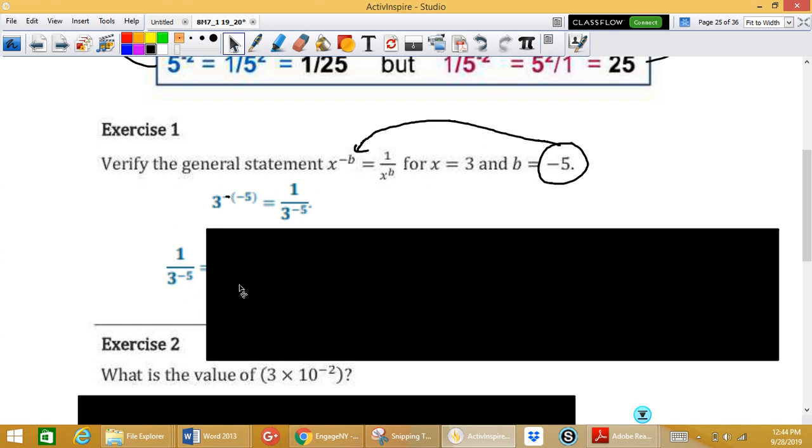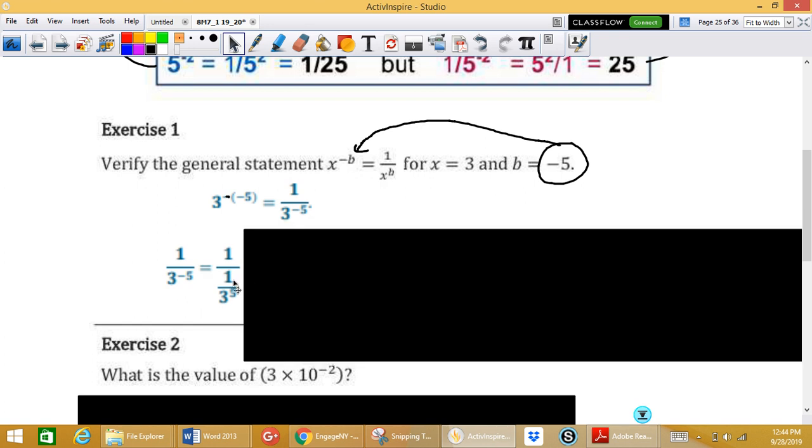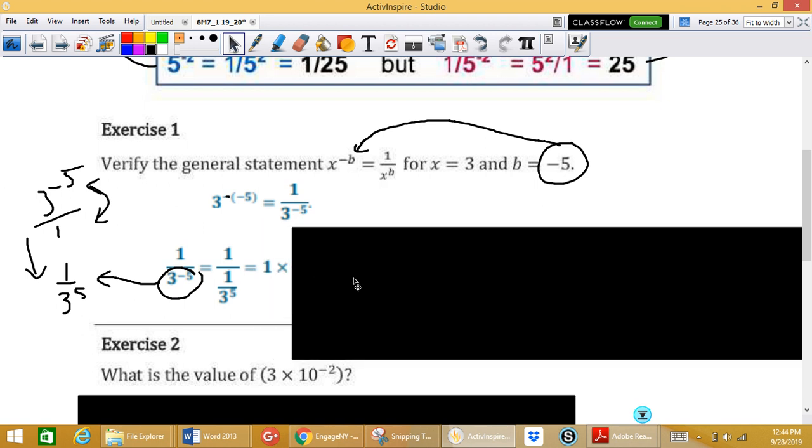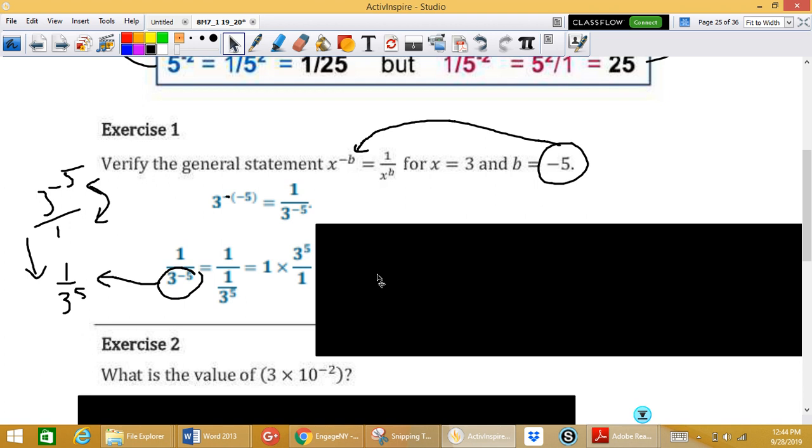So if I look at that, that's really 1 over, so if I just take this part here, it's 1 over 3 to the 5th, right? If we flip it over, because it was 3 to the negative 5th over 1, and you flip that. So we get this here. Well, remember, when you divide fractions, you do copy, kiss, or multiply, and flip it.